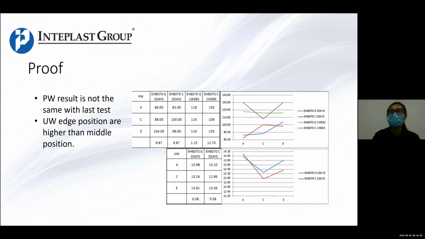And for this result, I do another test to prove it. And this time I used EHB 71 gauge. And the result shows peel value result is not the same with last test, and the unwind edge position are higher than middle position.